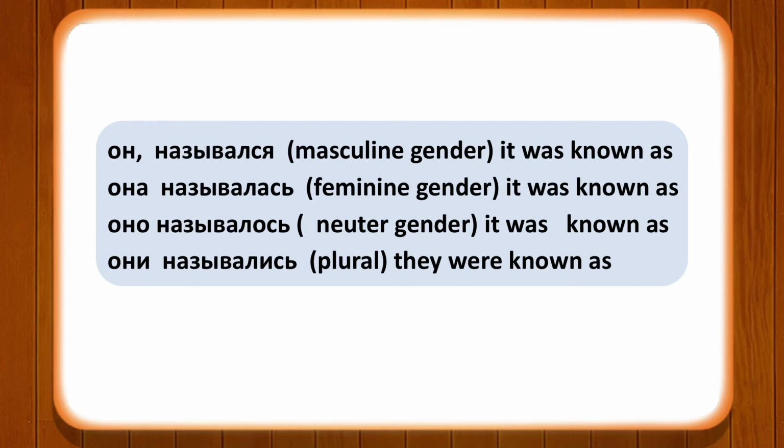As you know, on will be translated as he in English, and on nazyvalsya, he was known as. Ona nazyvalas, for feminine gender, she was known as. Ono nazyvalos for neuter gender, and it will be translated in English as it was known as. Oni nazyvalis, this is a plural form, and it will be translated as they were known as.